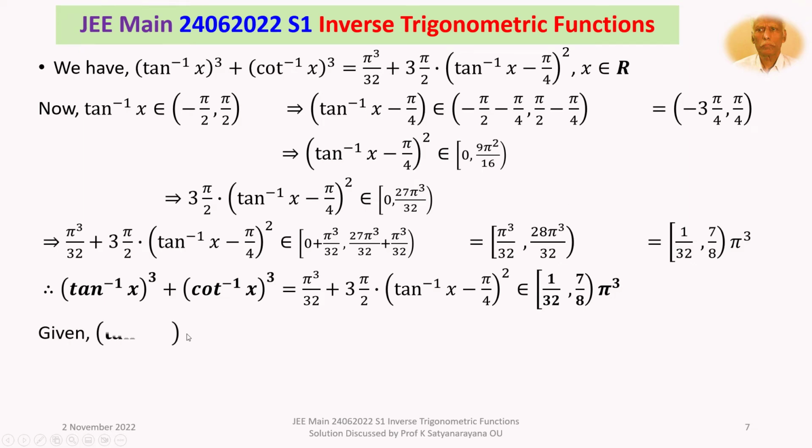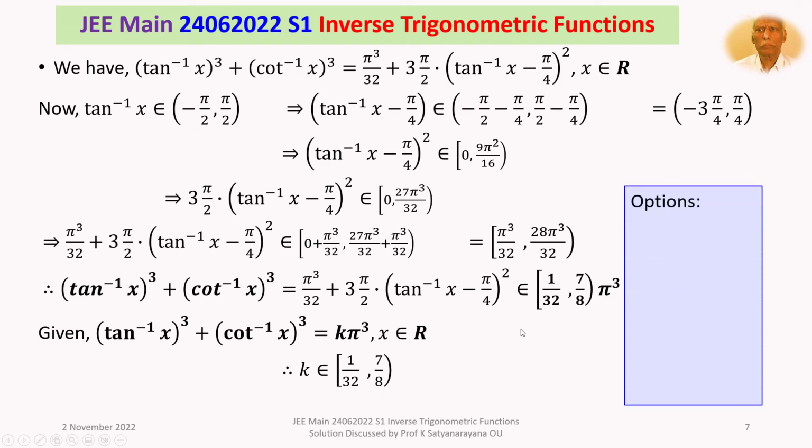It is given to us in the question that tan inverse x whole cube plus cot inverse x whole cube is equal to k times pi cube. Therefore, from the above result, k must belong to this interval. So the values of k for which this is true will belong to this interval. Therefore, k belongs to 1 by 32 comma 7 by 8, closed at 1 by 32 end.